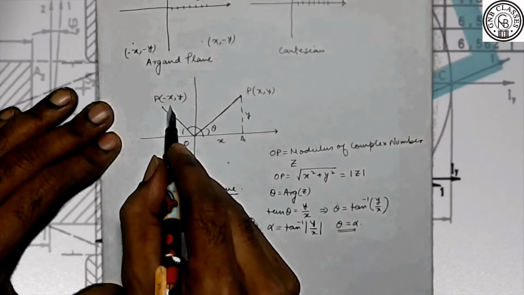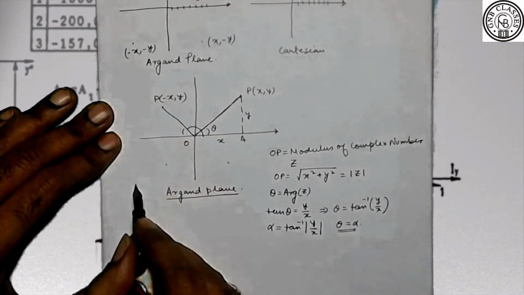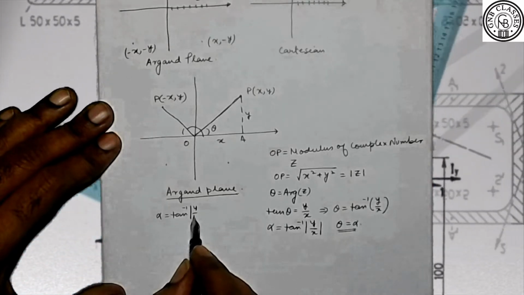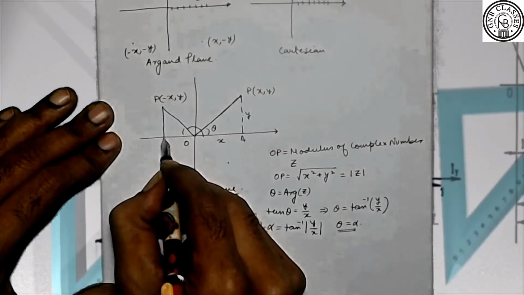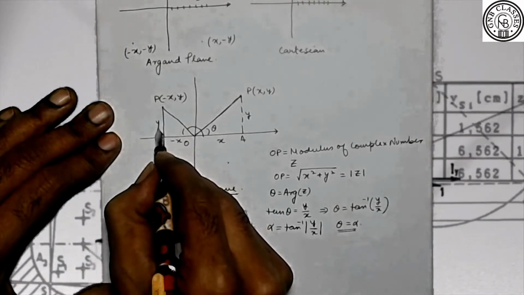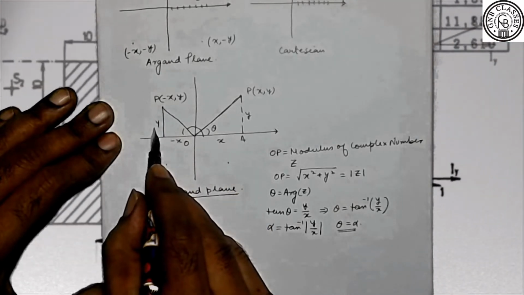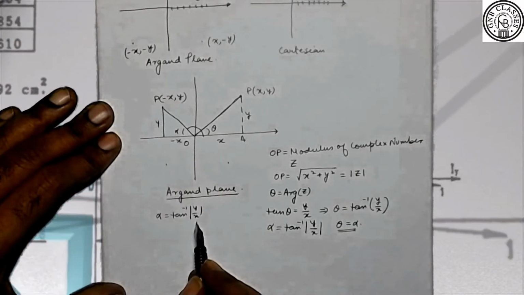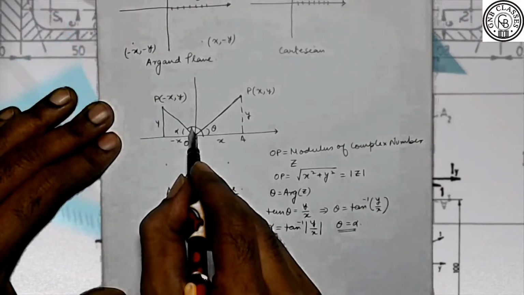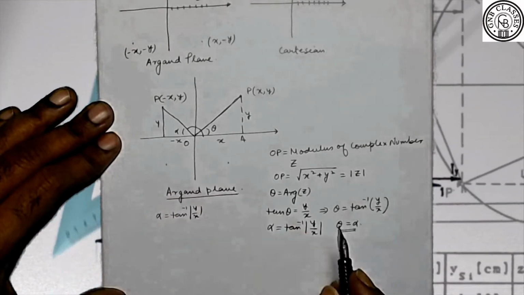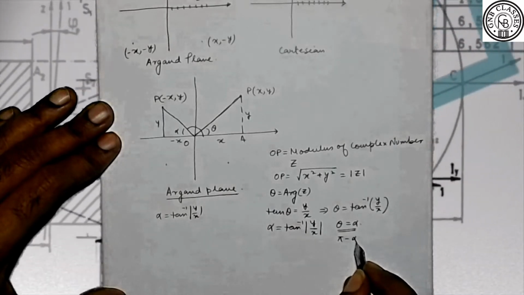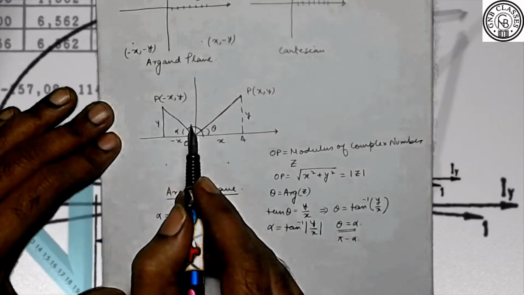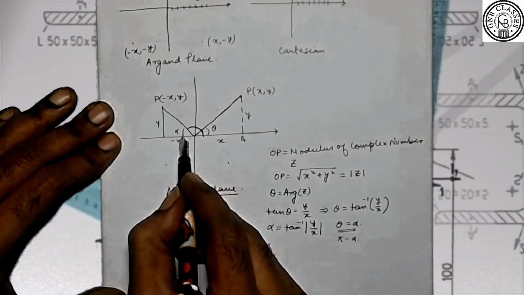If we omit the sign of x and y, we get alpha, which is tan inverse mod of y by x, because if I draw a perpendicular, this is minus x and this is y, but if we forget about the sign, we get alpha. Now the argument of this point is nothing but pi minus alpha.